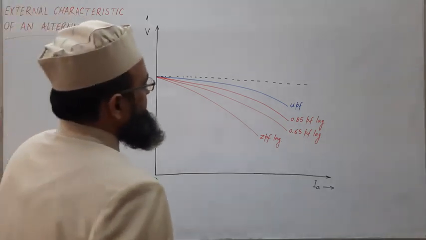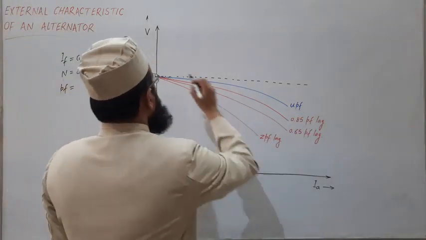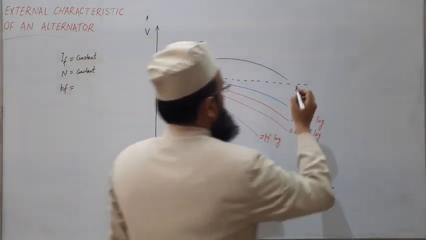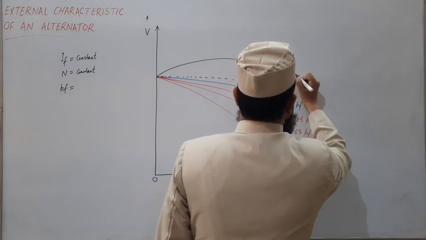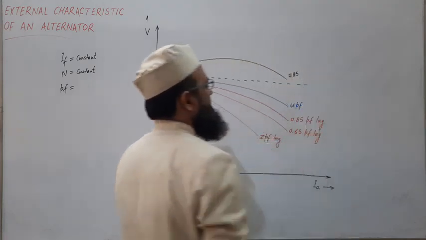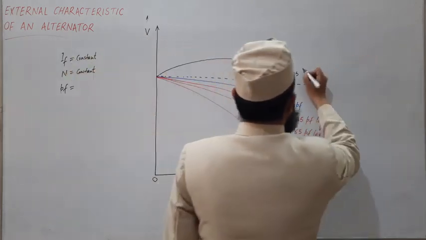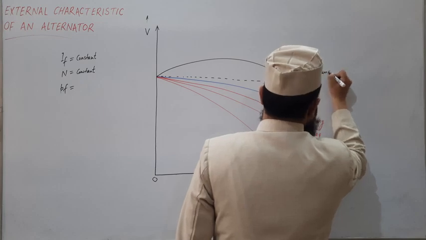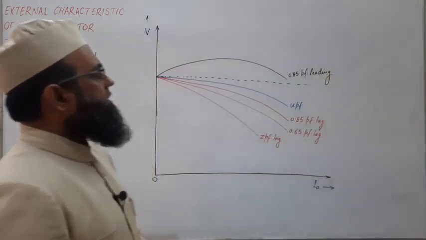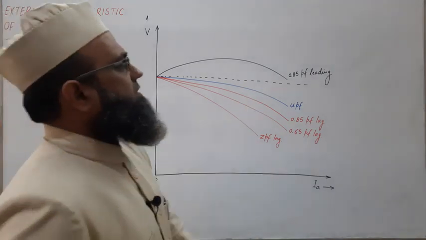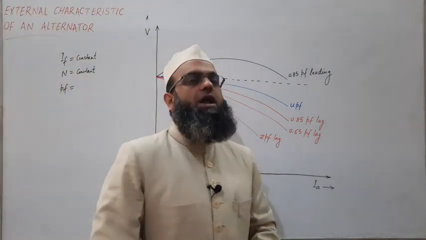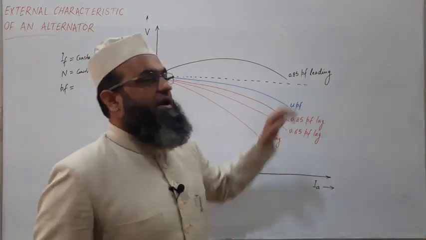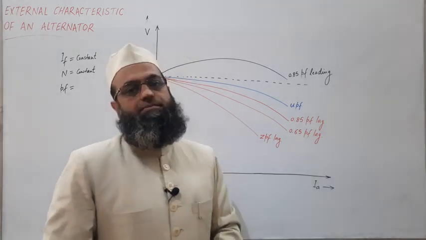For leading power factor, let us take 0.85 power factor leading. So it will be something like this. You may write 0.85. Let us take it as a representative case, not the exact one, power factor leading. As we know, leading power factor loads have the effect of cross magnetizing and magnetizing.